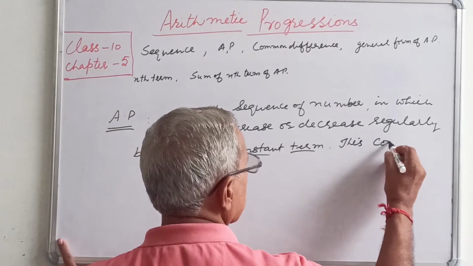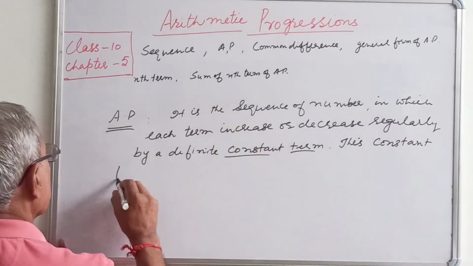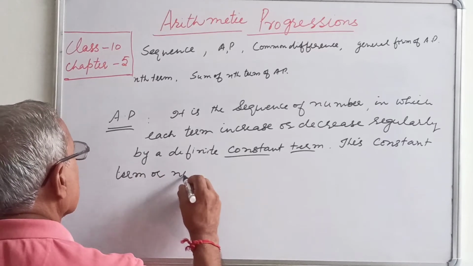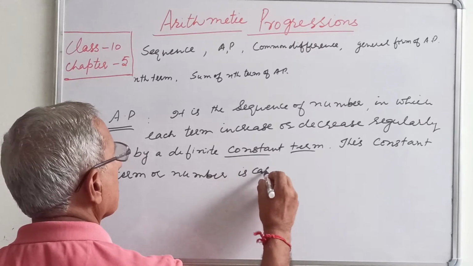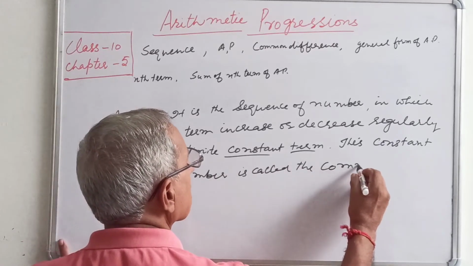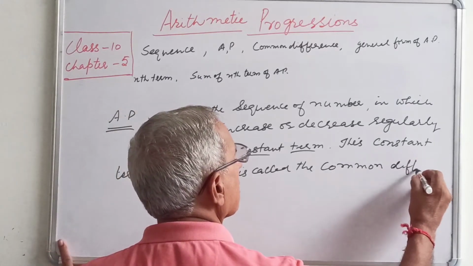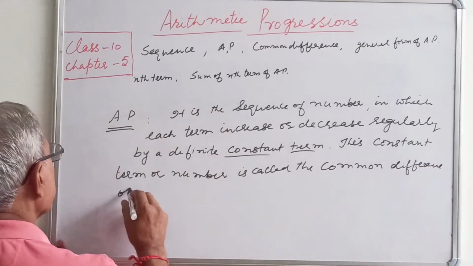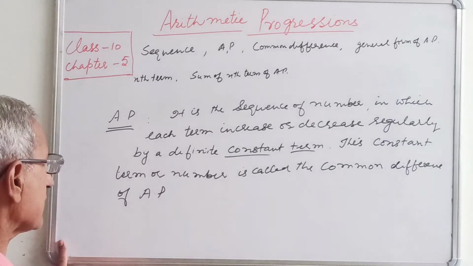This constant term or number is called the common difference of an AP, any arithmetic progression or series.